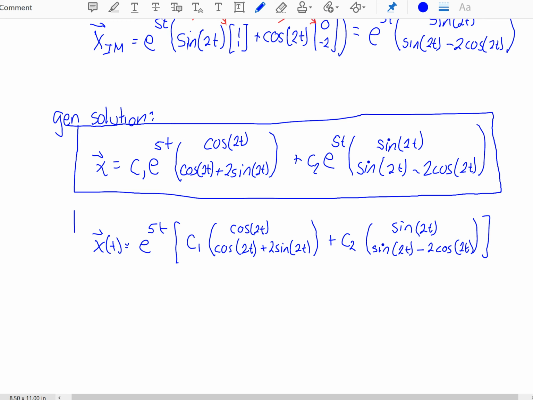Notice that both of these forms are equivalent and acceptable.